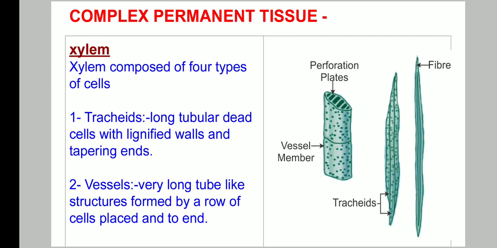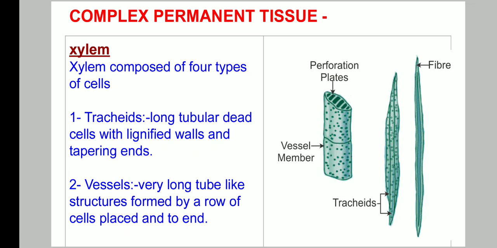Xylem helps in transportation of water and minerals, and phloem helps in transportation of food in the plants, from the leaves to the different parts of the plant for storage, and from the stored part to the different places where the food is needed.